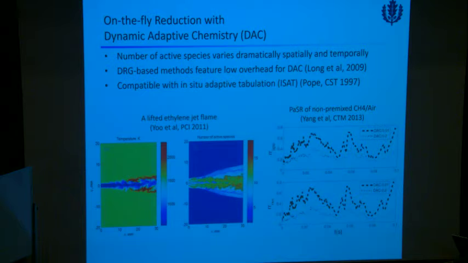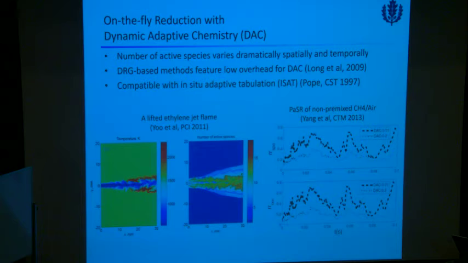So if you can use different skeletal models in different locations, then you can save some time, right? People have worked on this for the last decade or two, mostly the last decade. There are quite a few methodologies developed. Some are based on DRG, some on DRG-EP, some on PFA, path flux analysis. A lot of different approaches developed.